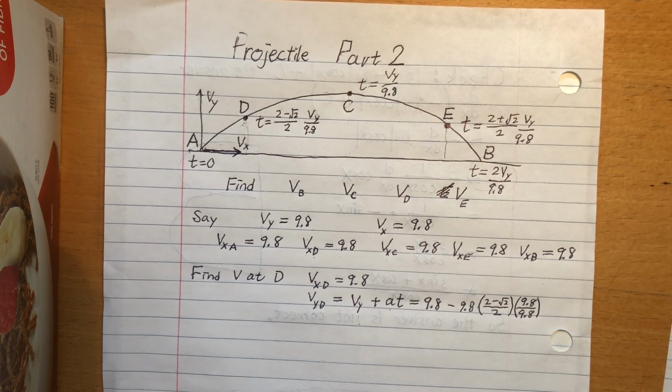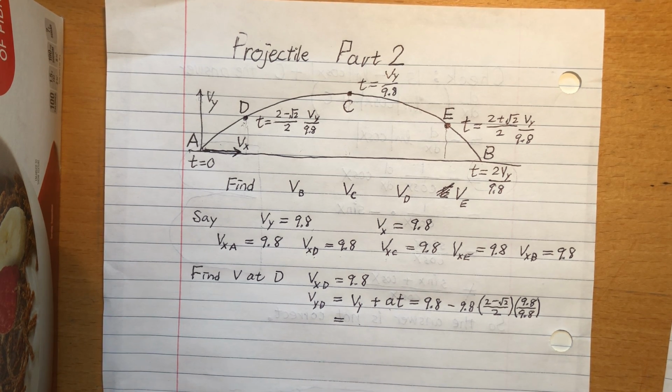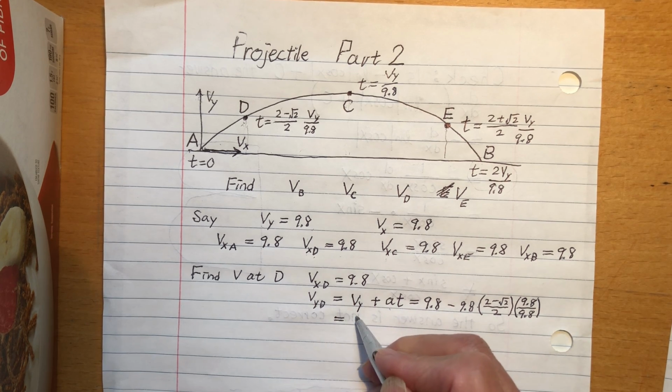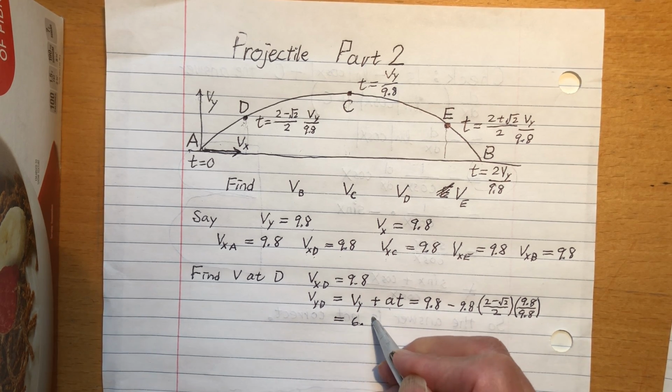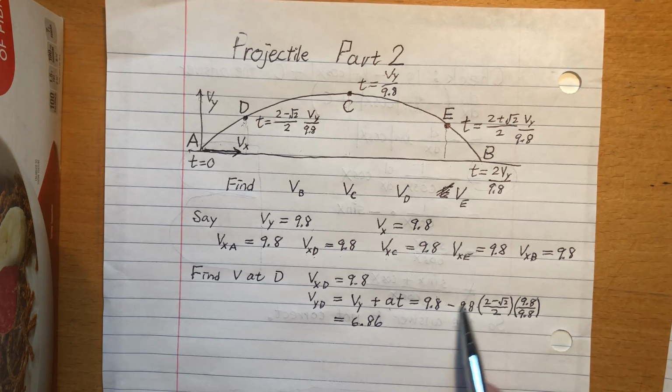Of course, you use a calculator to work it out. What is this? It is equal to 6.86. Here, all these are numerical numbers, so you can find the answer, 6.86.